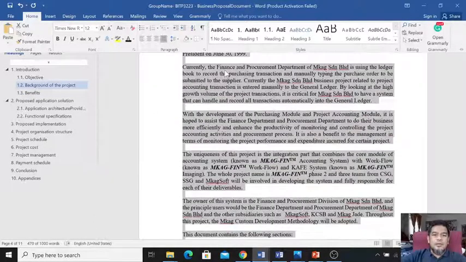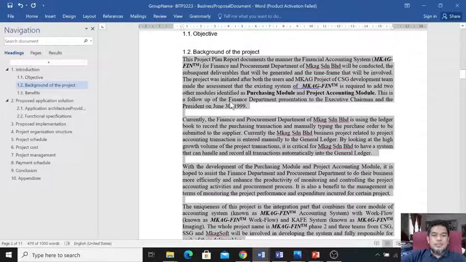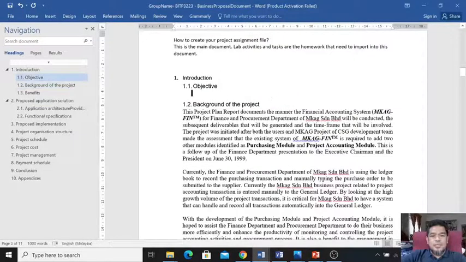Okay, see, this is a project background of the project. This is an example. So objective, you need to update your document with the objective of the project.